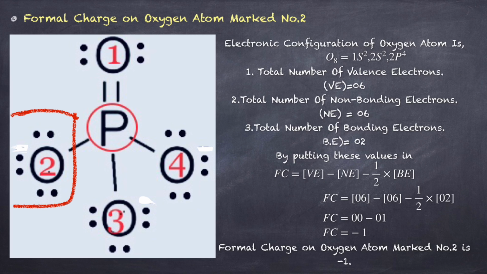By putting these values into the formula, Fc equals Ve minus Ne minus 1/2 into Be. Therefore, Fc will be equal to 6 minus 6 minus 1/2 into 2. Therefore, Fc will be equal to 0 minus 1. Therefore, Fc will be equal to minus 1. So, the formal charge on the oxygen atom, which is marked number 2, is minus 1.